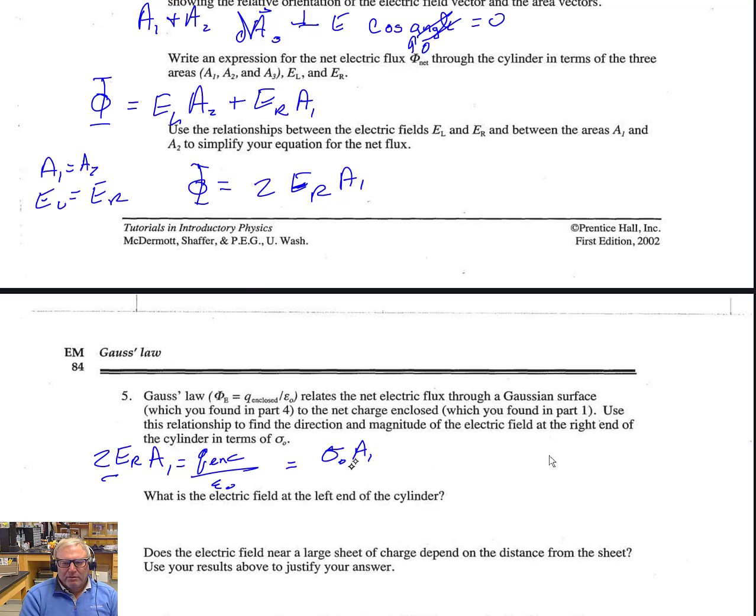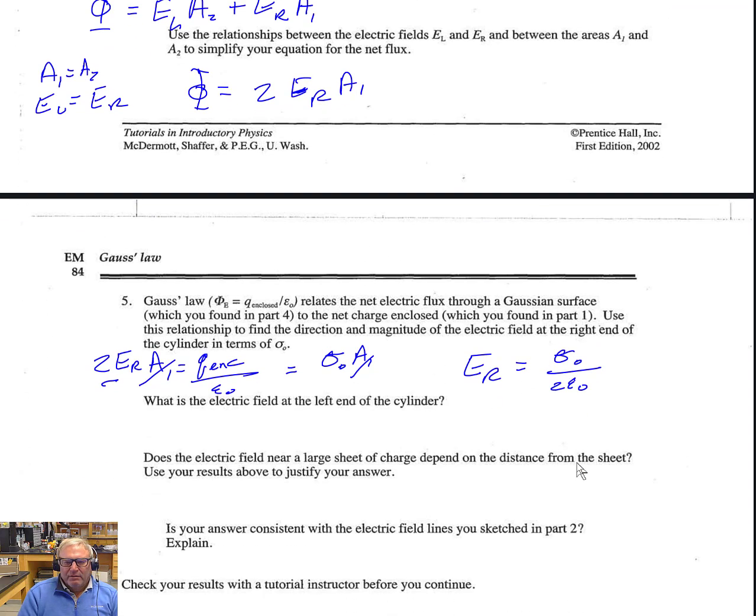So the A1s cancel, and we're left with ER equals sigma 0 over 2 epsilon 0, which we saw last week.